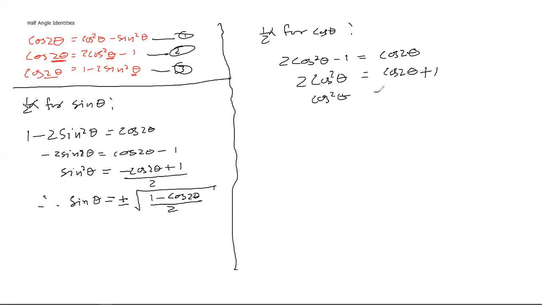Then cos squared theta is cos 2 theta plus 1 over 2, or you can say 1 plus cos 2 theta. Let me do it that way so that you can see the difference between the two. Then for cos theta, I take the square root because I'm getting rid of the square, so it's plus or minus that. Let me write this here, and then we're done.